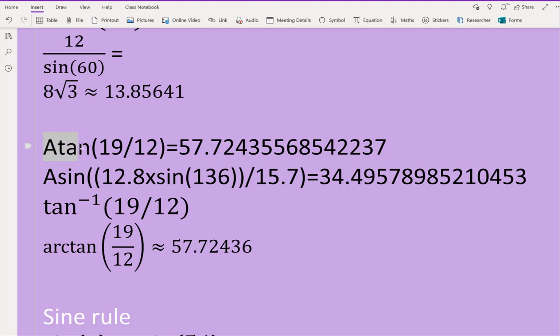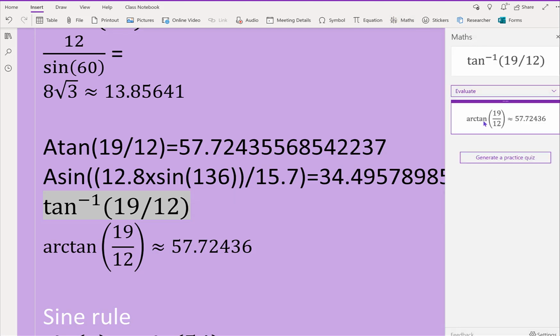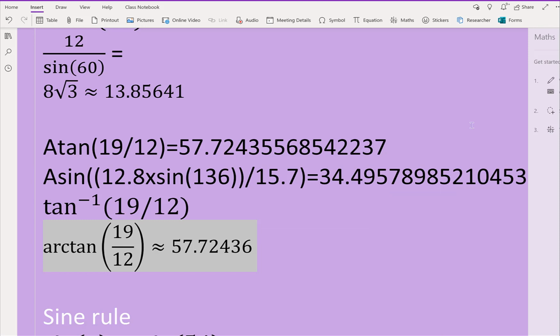So you can either type, so ATAN for inverse of tan, ASIN for inverse of sine, or I can type this and then press maths and place an action. So they would then turn it into this beautiful expression with the answer, which is approximately 57.7 to 1 decimal place.